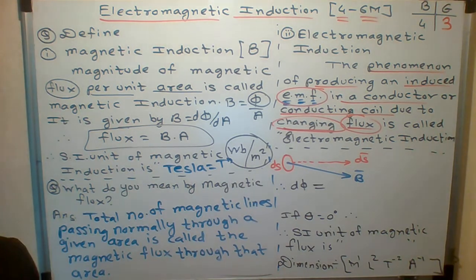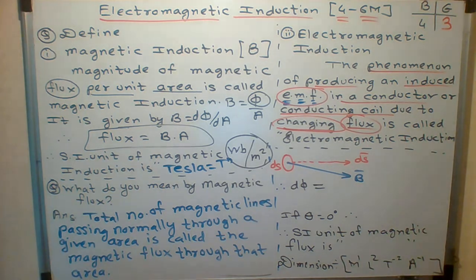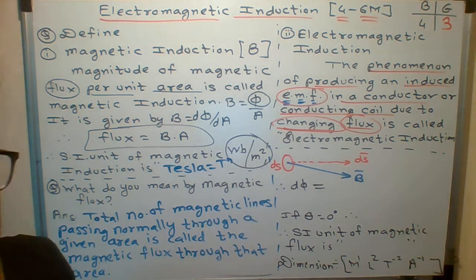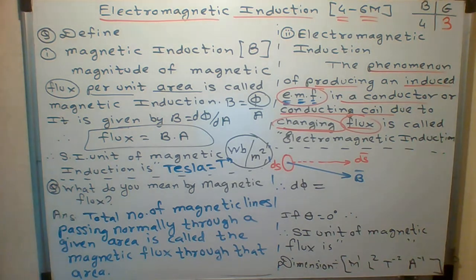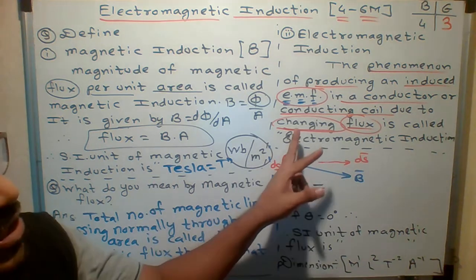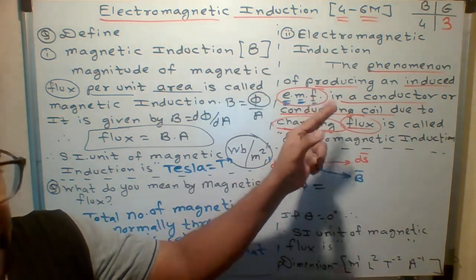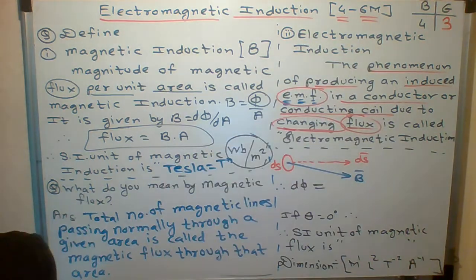According to Faraday's law, which I will explain after this, Faraday's law states that if there is a change in flux, EMF is induced. Such a phenomenon is called electromagnetic induction.